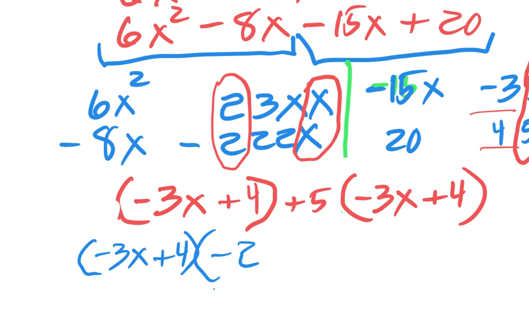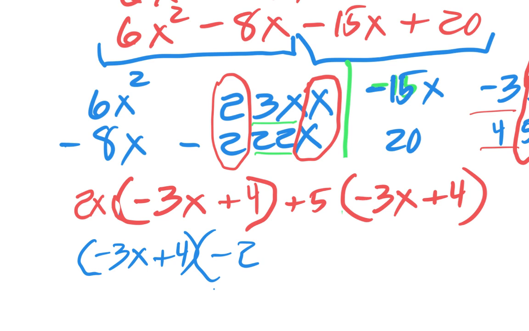So what I was trying to say is I factored out a 2x. I had 2 there at first. It should have been 2x because I had a common factor of 2 and a common factor of x. And that left me with the 3x that came here and the 4 that came there. I factored out the negative 2x. Or did I factor out the 2? I don't know what I did.